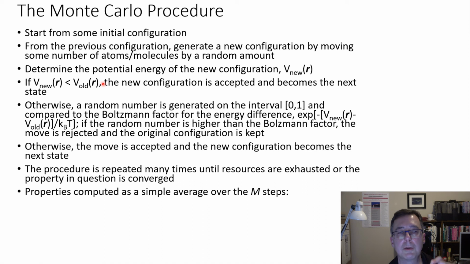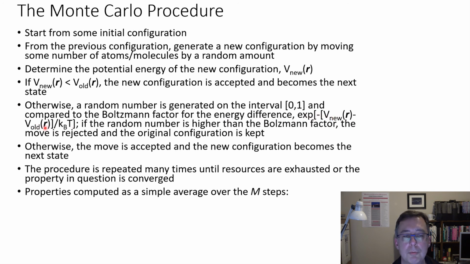If it's not, then I do a little random step. So what I do is I generate a random number on the interval from 0 to 1, and then I compare that to the Boltzmann factor, the energy weighted factor, for the energy difference, e to the minus (V nu minus V old) over kBT, okay?